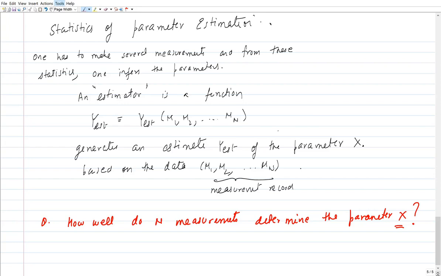One way to benchmark how well our measurement process is doing, the obvious candidate, is just the variance of this guy.